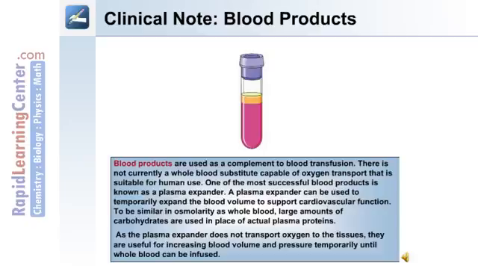To be similar in osmolarity as whole blood, large amounts of carbohydrates are used in place of the actual plasma proteins. As the plasma expander does not transport oxygen to the tissues, it is useful for increasing blood volume and pressure temporarily until whole blood can be infused into the patient.